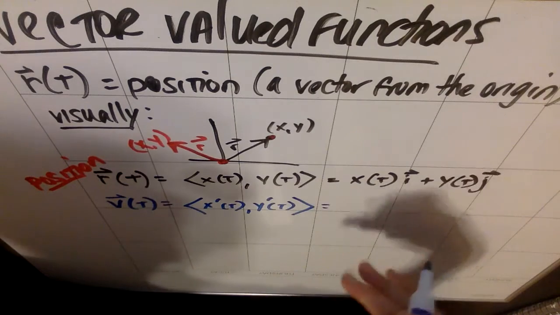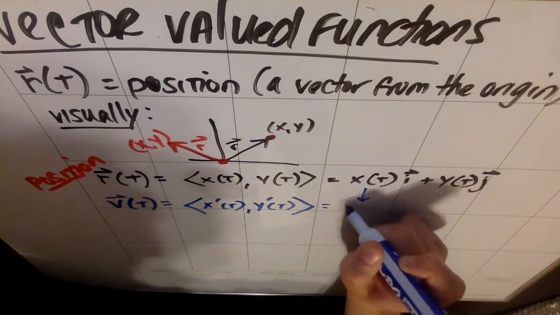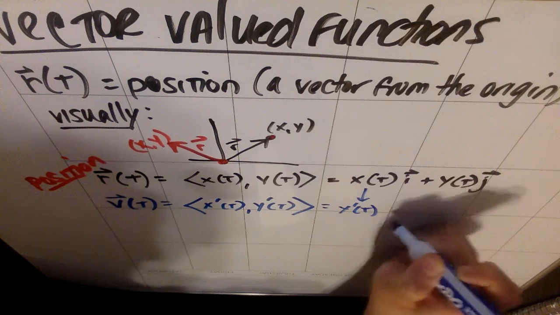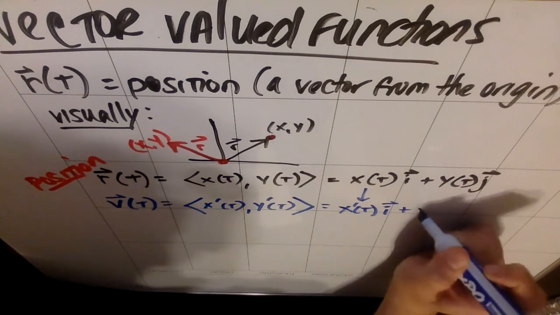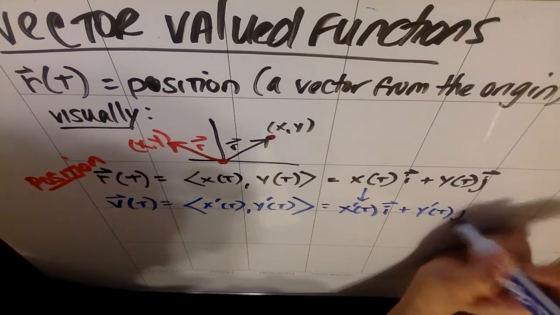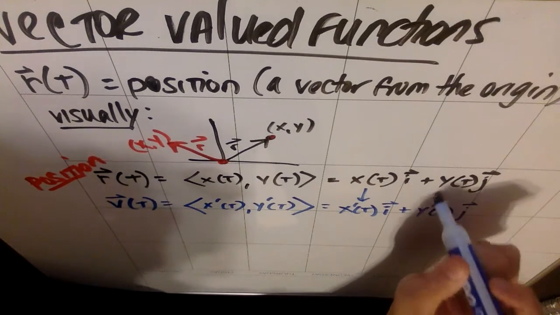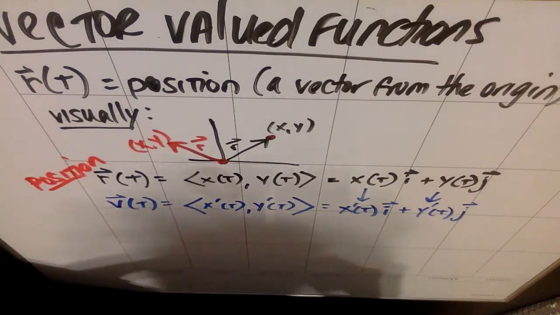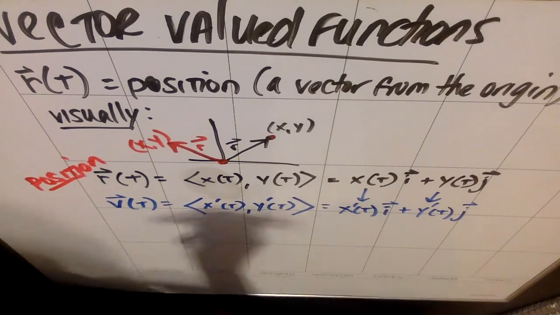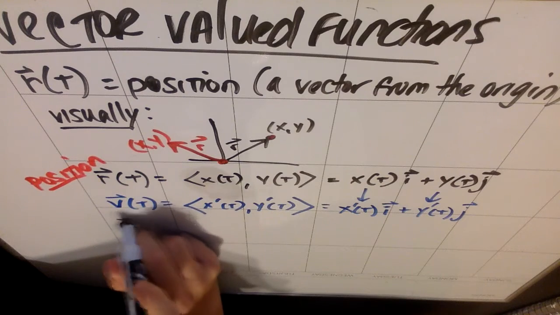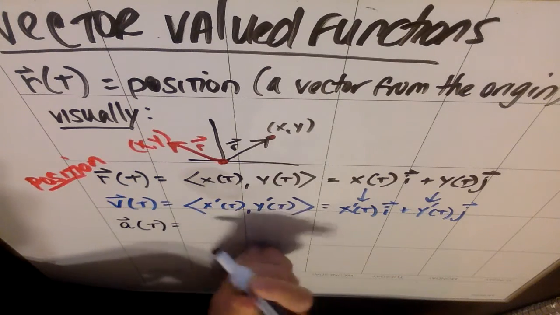So if I were to derive the ij notation, it would be exactly the same thing. I'd say, oh, this is an x prime of t, but in the i direction, which just means x, right? And my y prime of t, but in the j direction, right? So I just derive the pieces. If I wanted to find acceleration with respect to time, so if we go ahead and derive again, my acceleration with respect to time is just going to be a derivative again.